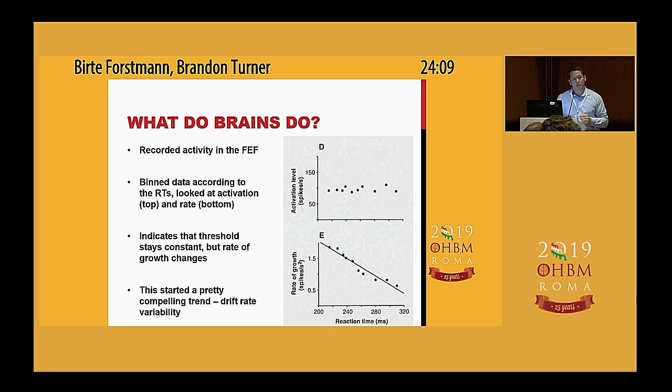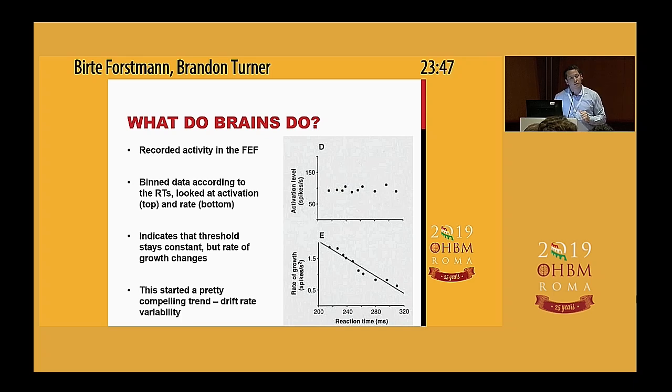They took all the RT distributions, and they binned them according to different RTs. And within those bins, for trials that ended up in that bin, they calculated certain properties of the neuronal firing. In one, they calculated the total activation level, in other words, what was the rate at that time when the choice was made.